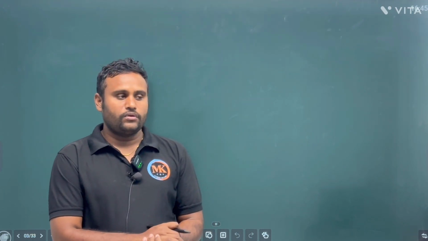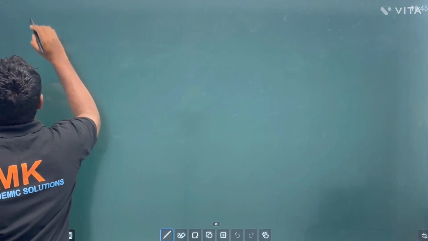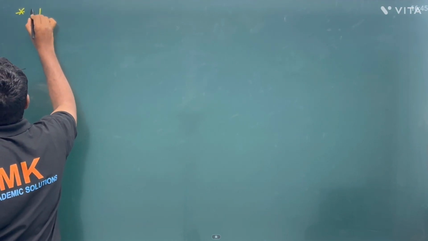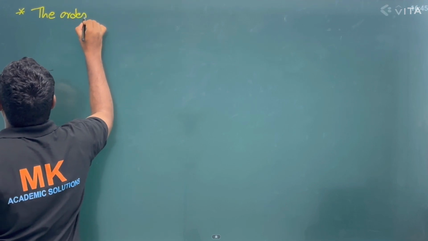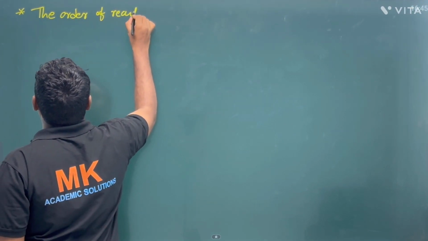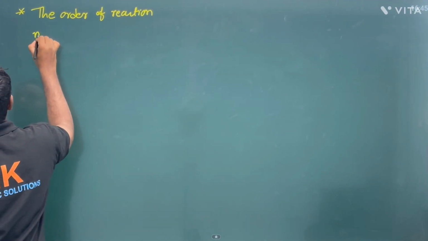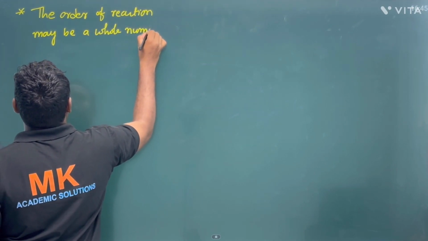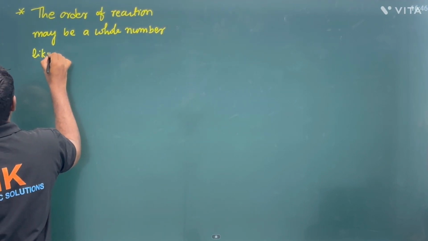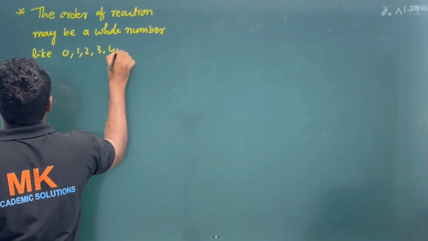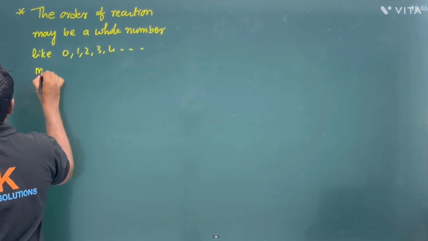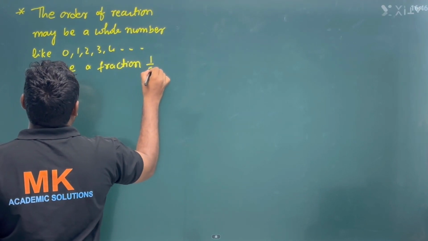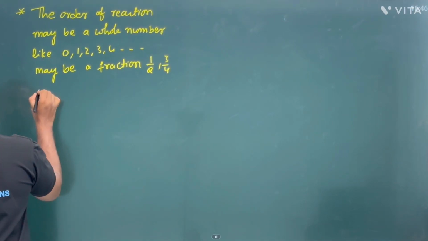First, the order of reaction may be a whole number like 0, 1, 2, 3, 4 and so on, or it may be a fraction like 1 by 2, 3 by 4, or it may be negative also.